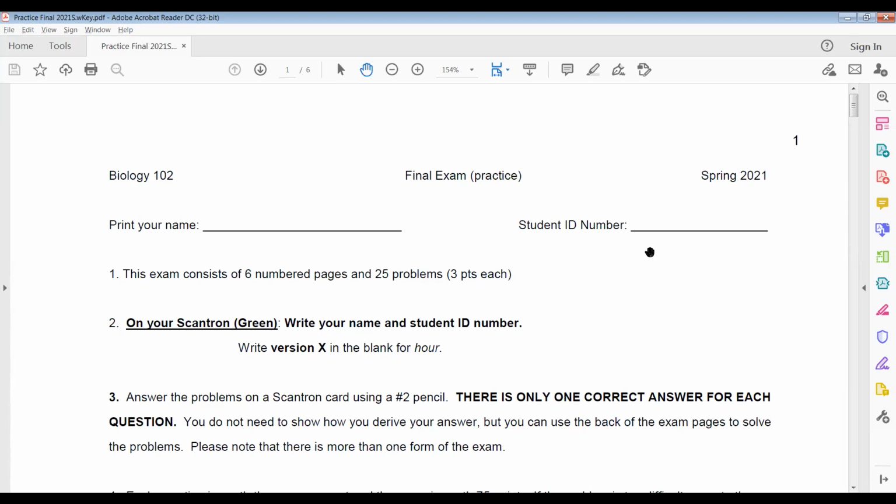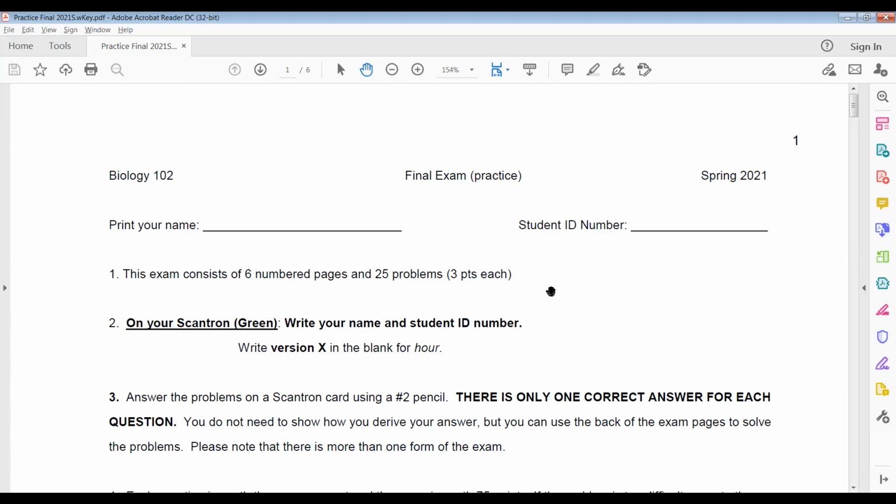As you can see, we will have a total of 75 points for the final exam. That's why I will put 25 problems in the final exam, and all of these problems will be multiple choice.